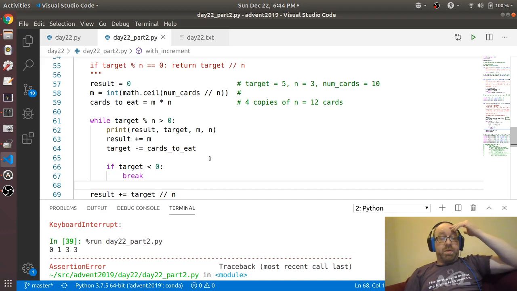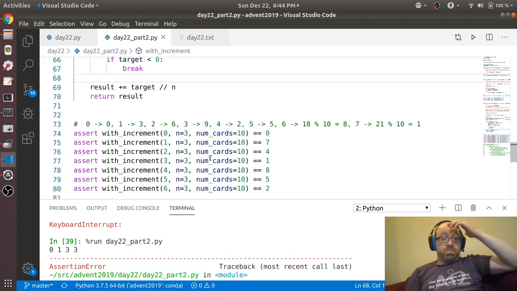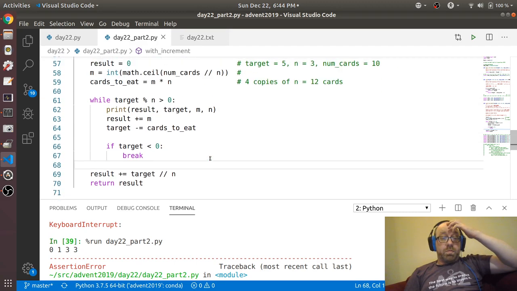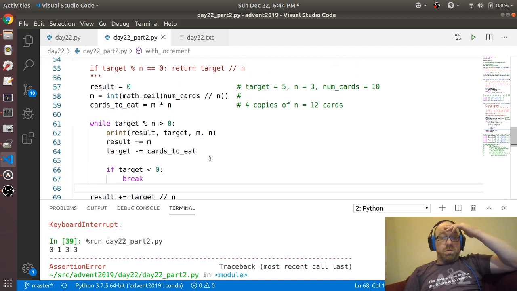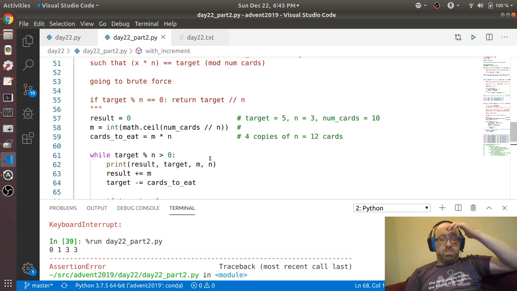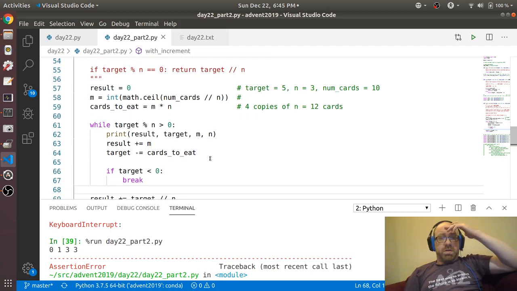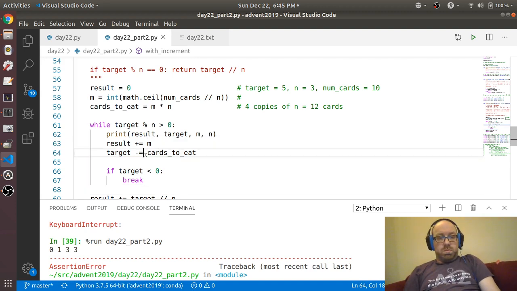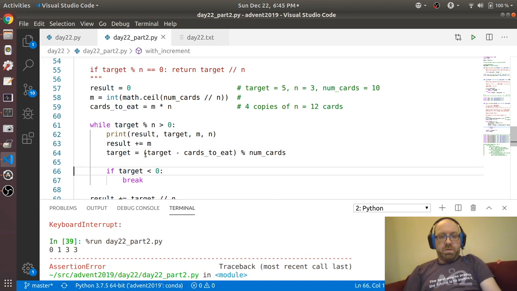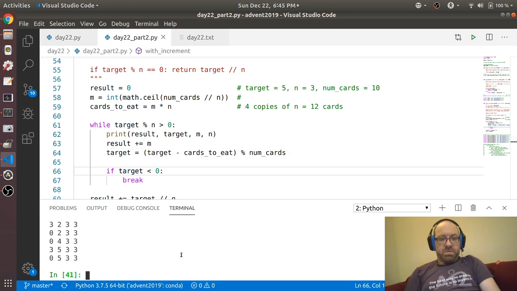I want to get 1. I'll target mod n. Target equals target minus cards to eat mod num cards. Let me try that now. Okay, good. And so that was the issue.